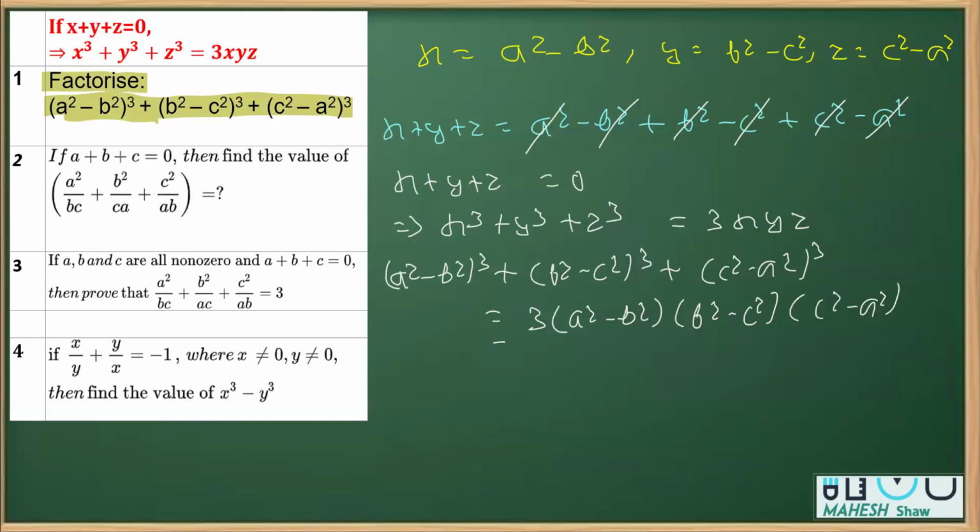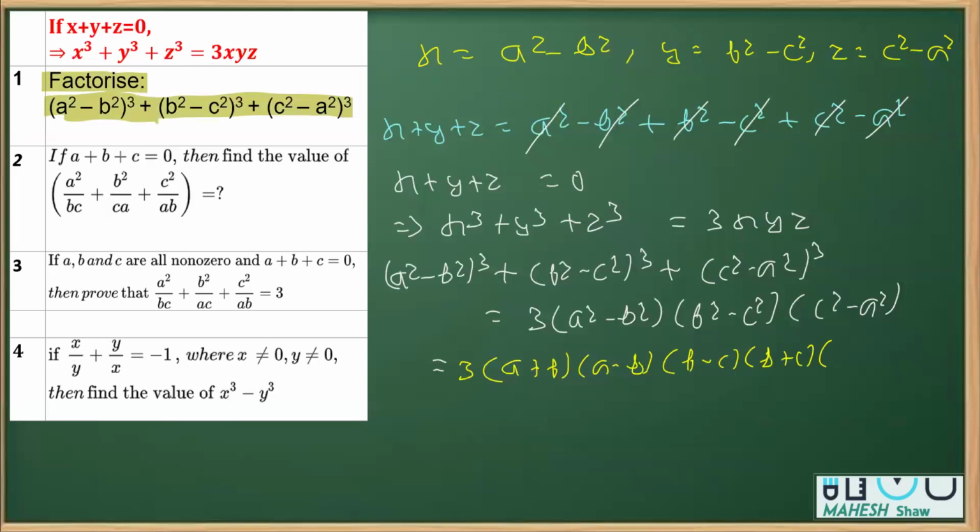But you have to keep in mind that this is a question of factorization, so we must write it in the reduced form. So I'm going to factorize it further. I can write a square minus b square as a plus b into a minus b. And the same way I can write b square minus c square as b minus c into b plus c.